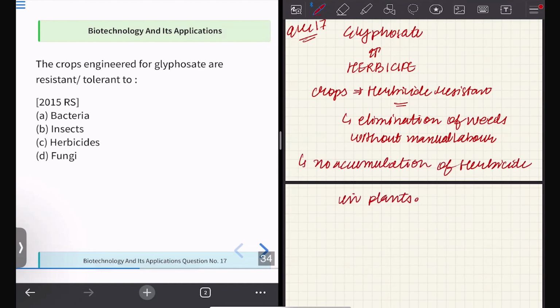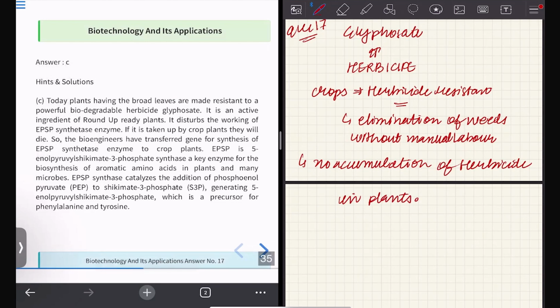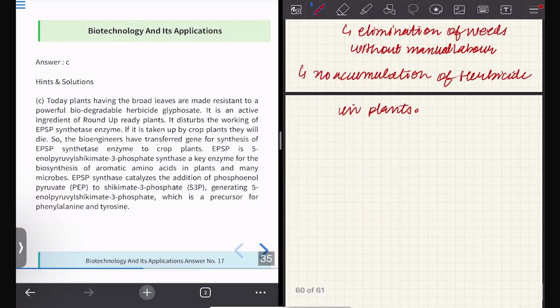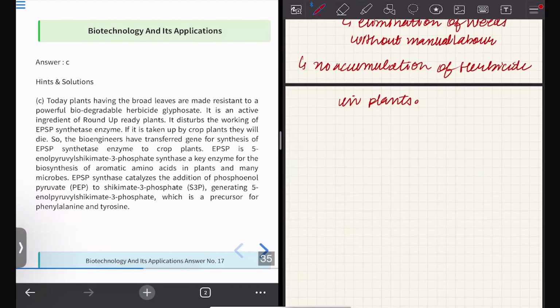Okay, so we have options here, which is that plants with broad leaves are made resistant to a powerful biodegradable herbicide, glyphosate, and it disturbs the working of EPSP synthetase enzyme. So if this is taken up by the crop plants, they'll die.